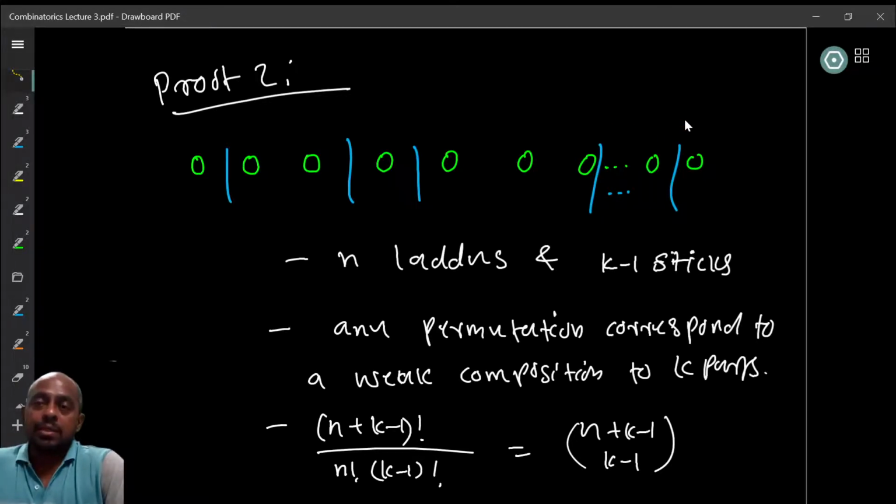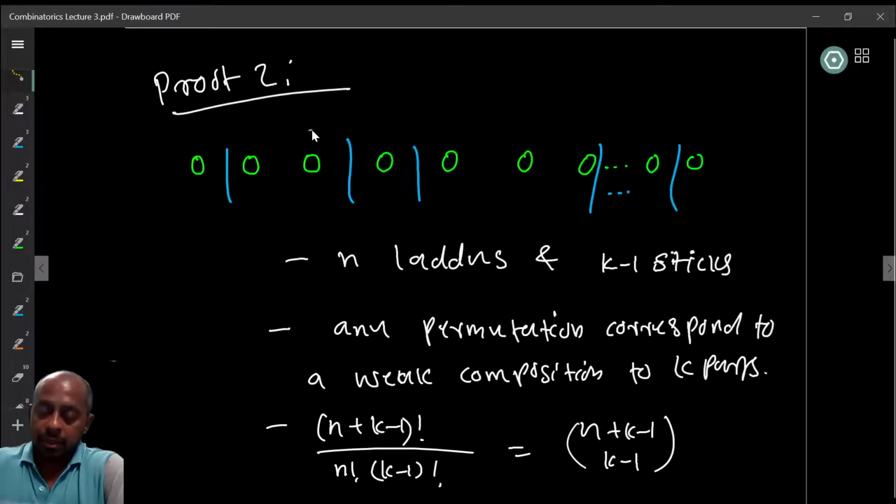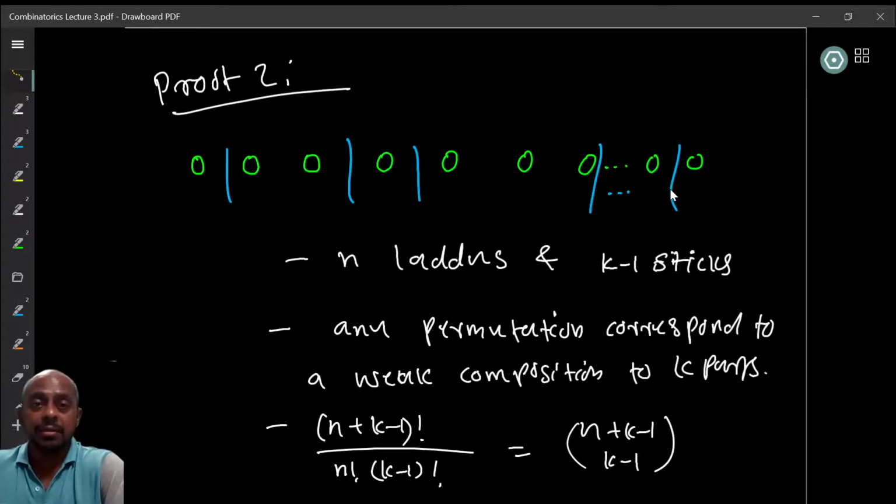Now once these laddus are kept, what we are going to do is that we separate the laddus by putting some markers or sticks in between them. Okay, so here are the sticks, right, which separate the laddus. Of course the sticks can be together so that there is no laddu in between. That is also possible, right? So we keep k minus 1 sticks in between to separate the laddus.